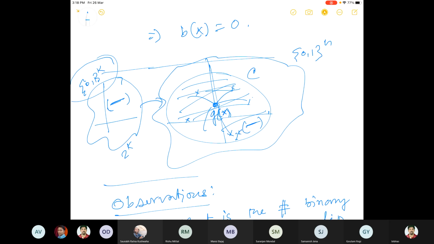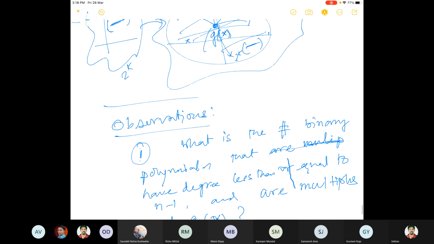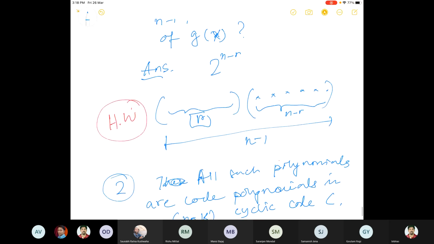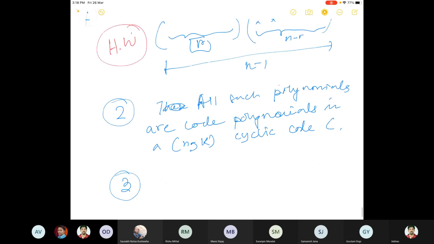And all of these can be obtained from the scaling of Gx, the minimum polynomial. So there are 2 to the power n minus r such polynomials, but it actually has to be 2 to the power k. There are 2 to the power k code polynomials, and each of them can be obtained as scaling of Gx. And the number of such polynomials is 2 to the power n minus r.